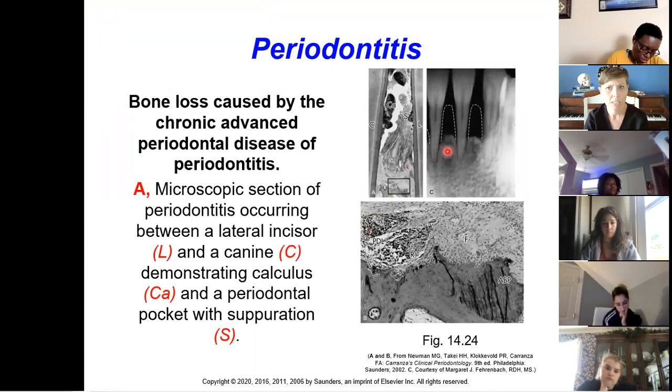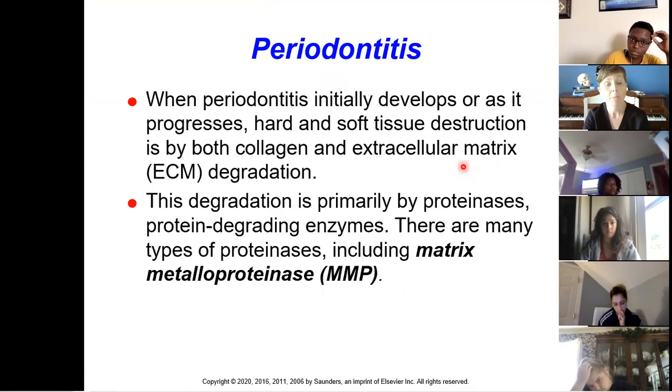I mean, just look, you can see the widening of the PDL. Those teeth are probably very loose. You have to hold them and clean them. When periodontitis initially develops and progresses, the hard and soft tissue destruction is by both collagen and extracellular matrix degradation.